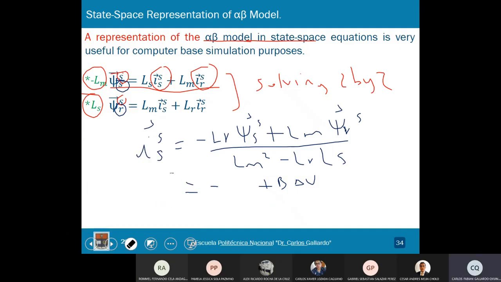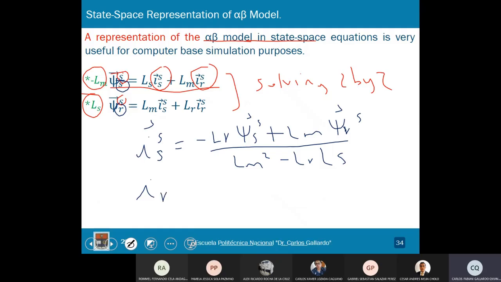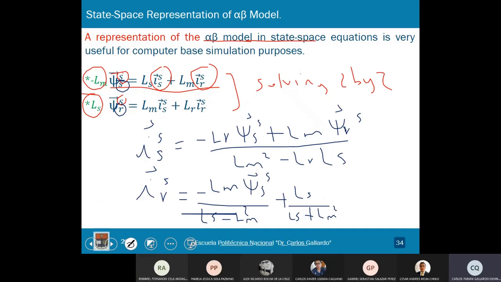So this is the stator current space vector. Solving this 2 by 2 equation, I will get the rotor current space vector. The rotor current is represented in the stator reference frame. This is equal to the magnetizing inductance times the stator flux space vector over the stator inductance minus the magnetizing inductance square, plus the stator inductance over the stator inductance minus the magnetizing inductance square times the rotor flux space vector.